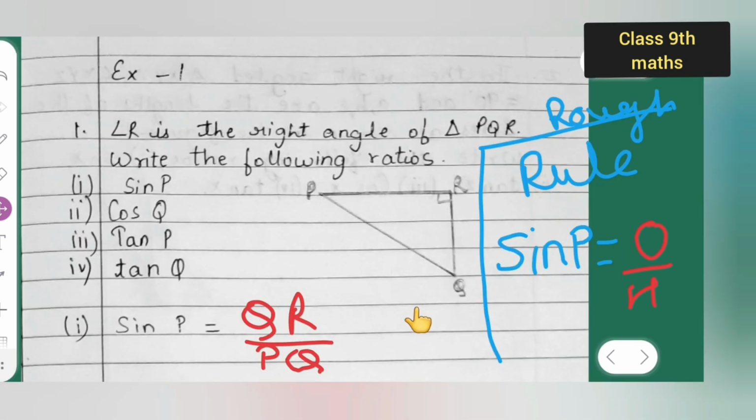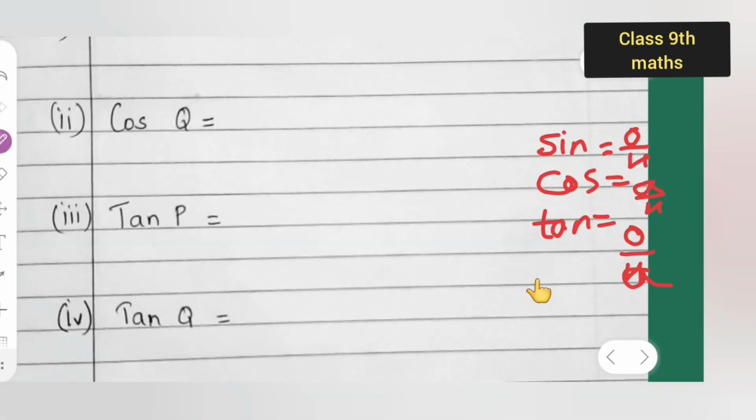The adjacent side of Q is nothing but QR, and the hypotenuse is PQ. So cos Q is QR upon PQ.